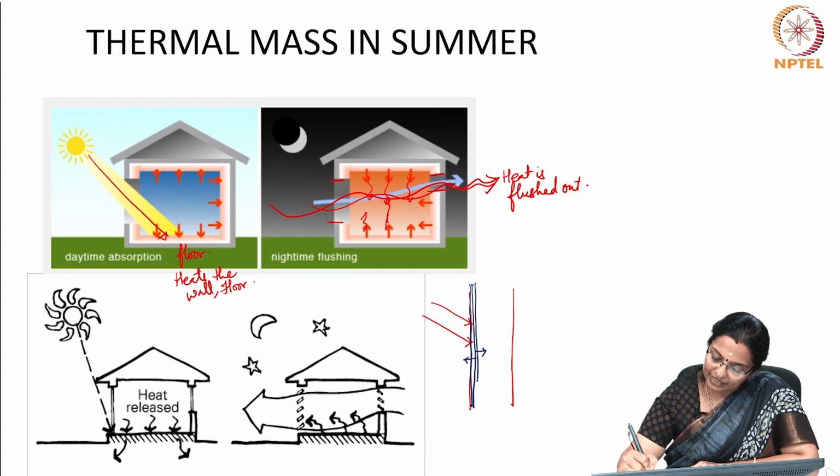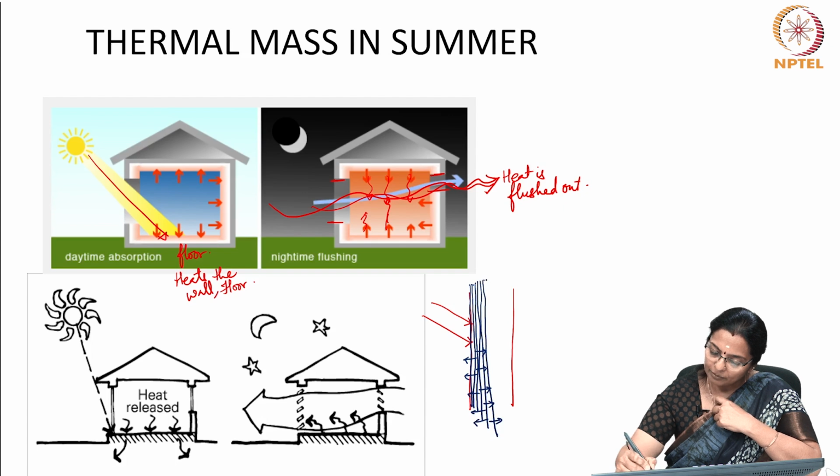Then the second layer gets heated, which depends on the thermal capacity of the material. It further transfers on both sides. Further, the next layer gets heated. It transfers on either side, and so on, and this continues all through the day.